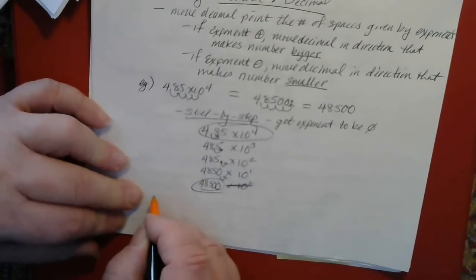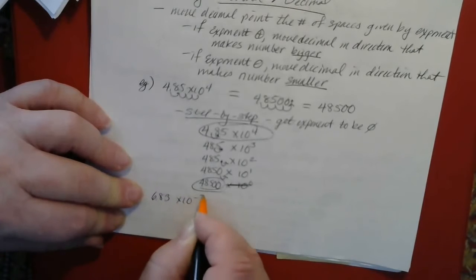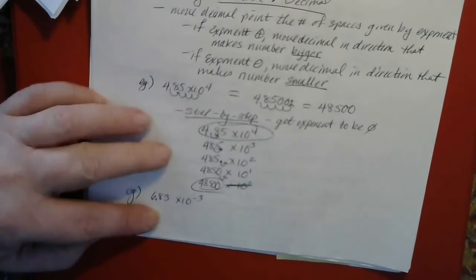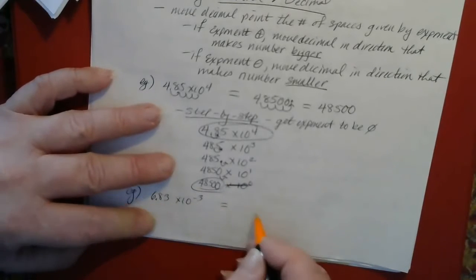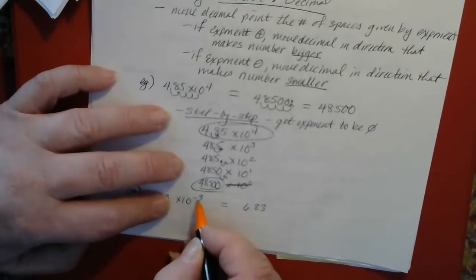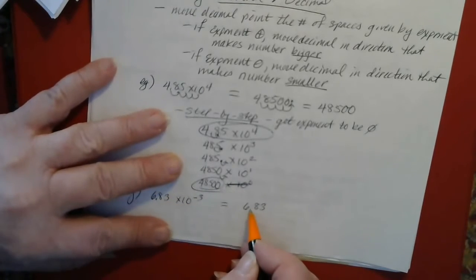And okay, one other example. A negative exponent. Well, in this case, that's going to be 6.83. Since the exponent's negative, you need to move it 3 spaces in the direction that makes the number smaller.